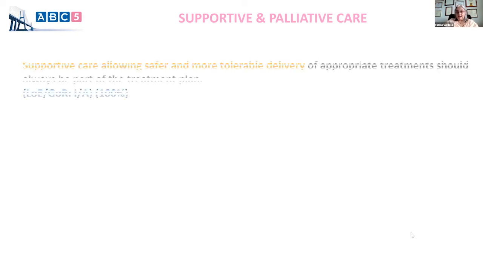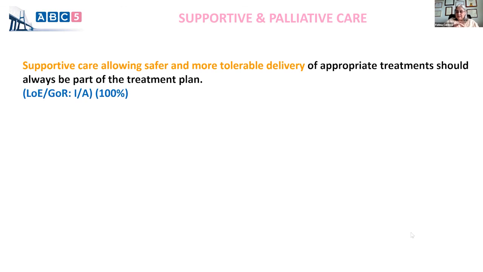I just didn't want you to forget about this, the crucial role of supportive and palliative care. Supportive care is what makes all treatments safer and more tolerable. So it's what we do to prevent nausea, vomiting, diarrhea, anemia, neutropenia.